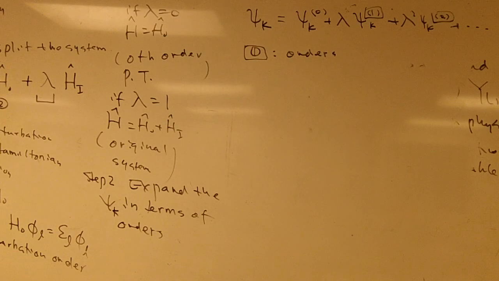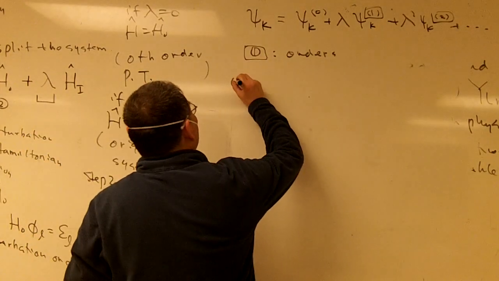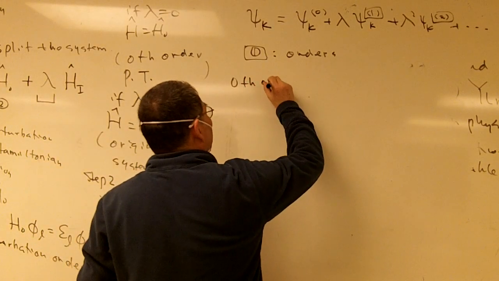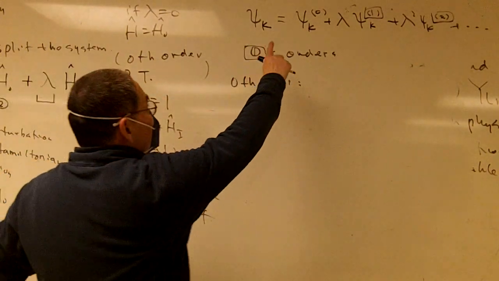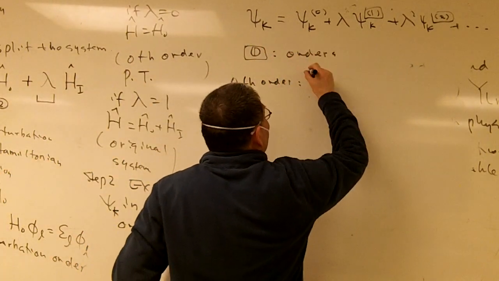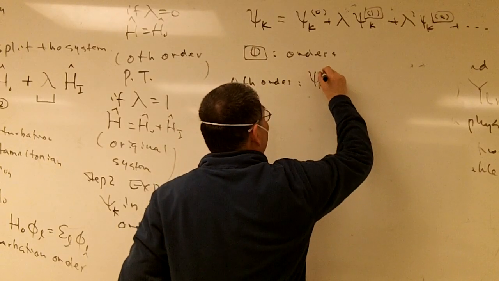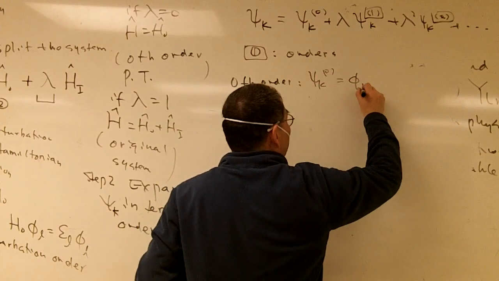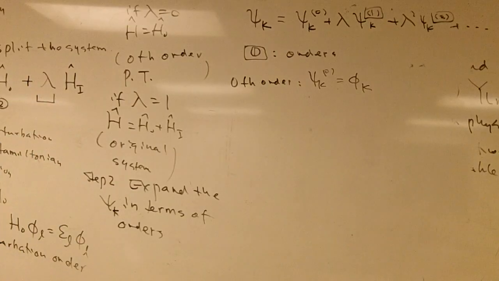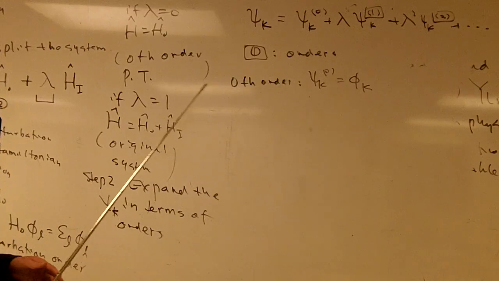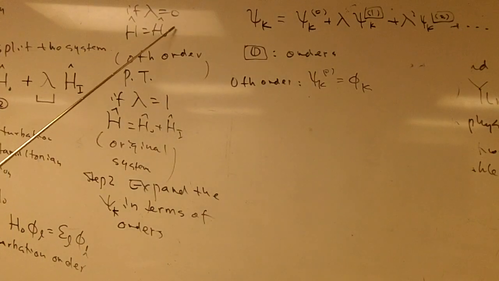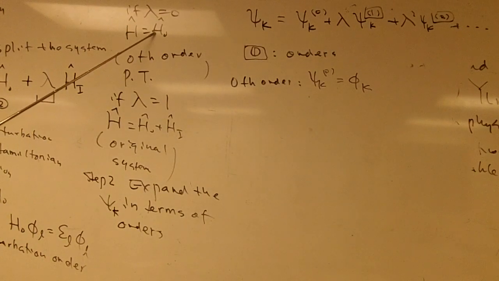I want to pause here for a second. For zeroth order, did you see I have a precise psi k zero? The zeroth order must equal phi sub k. Because if it is the zeroth order, this goes back to the original unperturbed system, make sense?